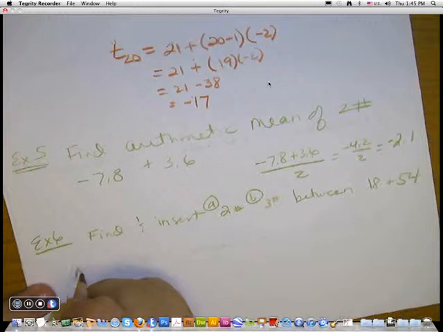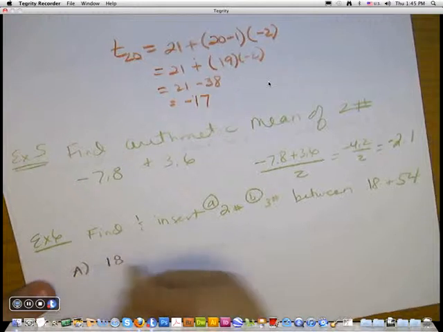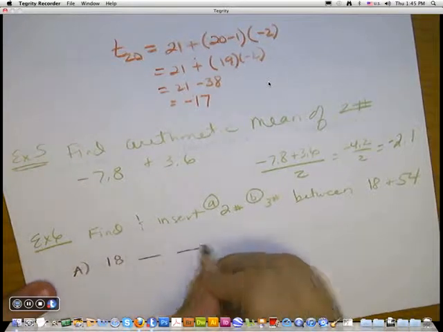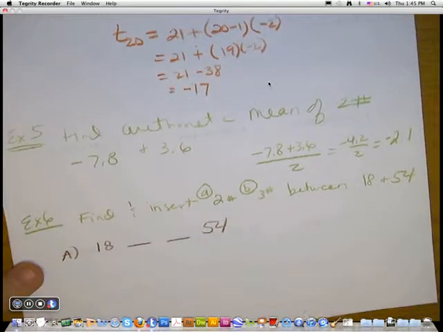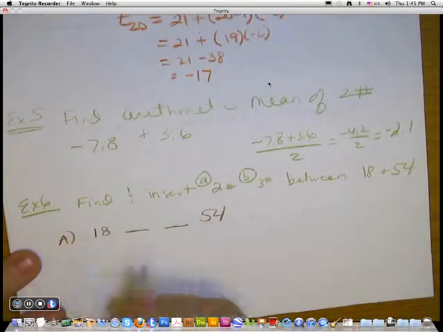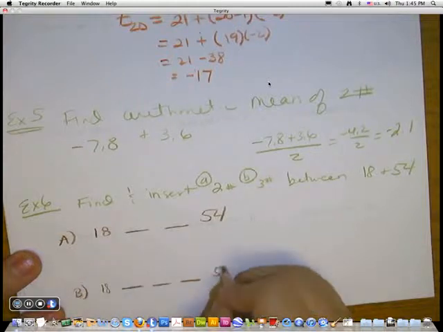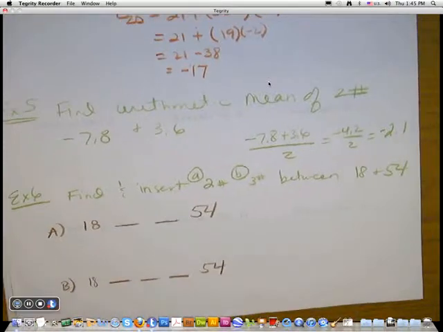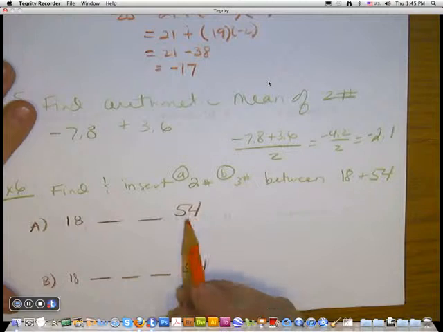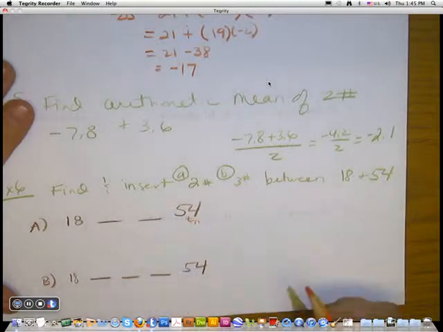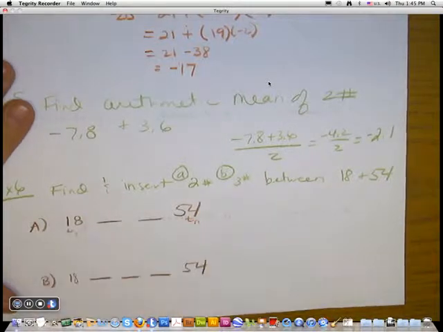So what this looks like is that I have the number 18. I want to put 2 numbers between them, and then I'm going to have the number 54. And then on part B, I have 18, but I'm going to now have 3 numbers between it and 54. Because I know it's arithmetic, because that's what we're working on today, I need to use the formula to help me figure this out. This is our last term, so that's our Tn, and this is our first term, so that's our T1.